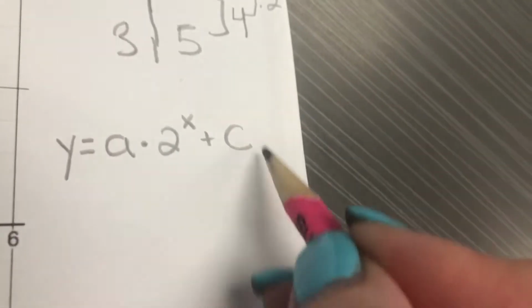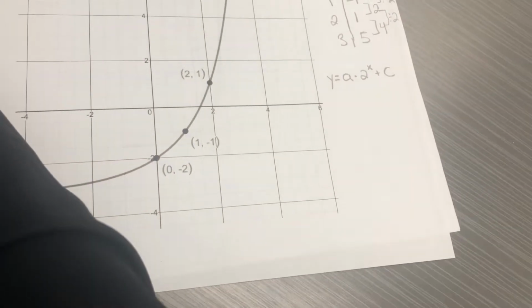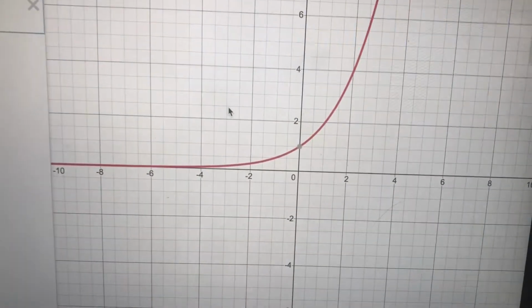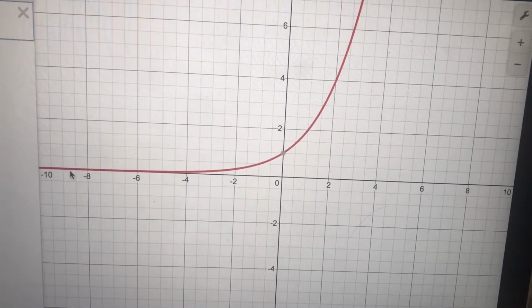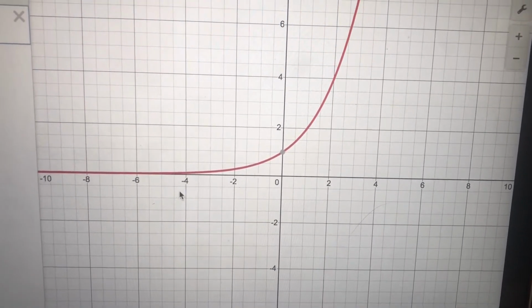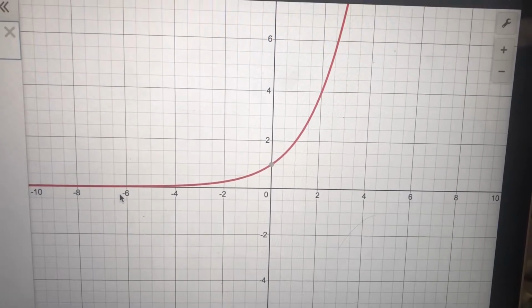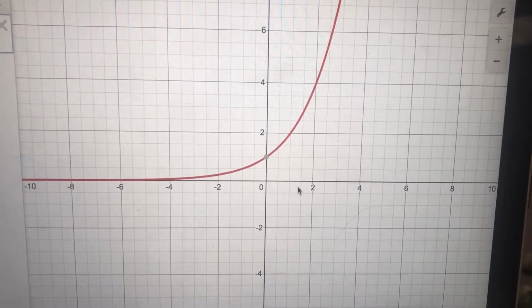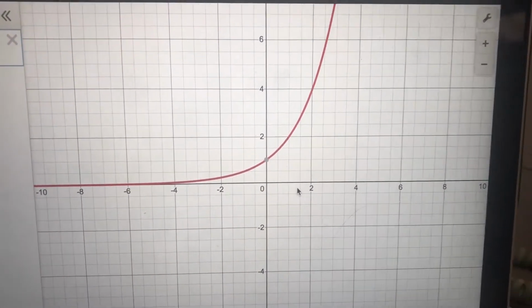Okay, then the next thing to do is you can solve for your c. So I went on to Desmos and I did the original y equals 2 to the x, and you'll see that the horizontal asymptote is at 0. So what you want to do in your graph is find out where that horizontal asymptote is, and that's how much it goes down.